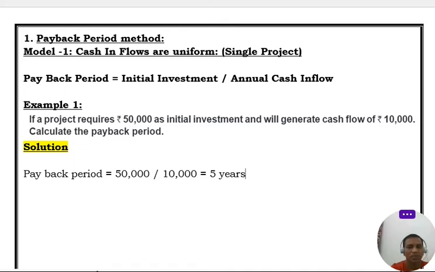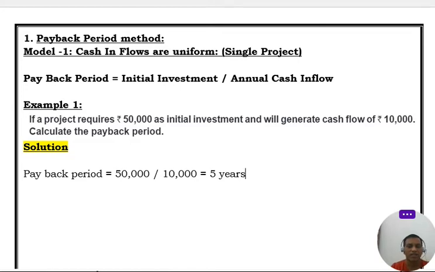So the payback period for this project is 5 years. That means the cost of the investment will be received back in the form of profits, in the form of cash flows, within 5 years. Okay, that is the meaning of payback period.